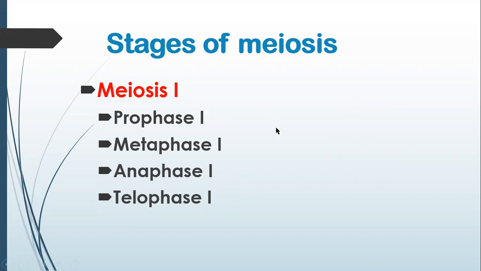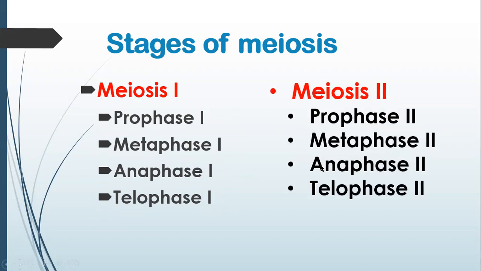Then another stage is meiosis 2. And with meiosis 2, the same thing. It has prophase 2, metaphase 2, anaphase 2, and finally telophase 2.